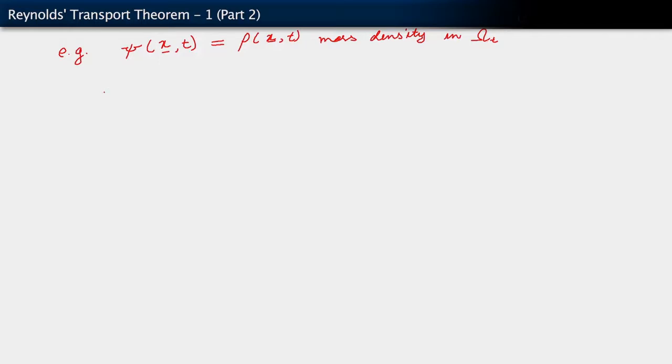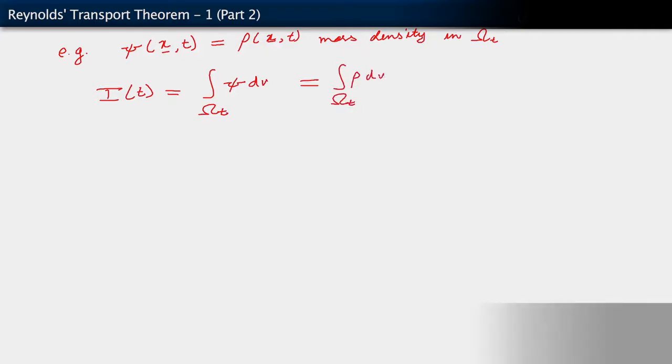So in that case, let's think of what this is. This is the integral that we started working with. That integral on the extreme right is simply what?